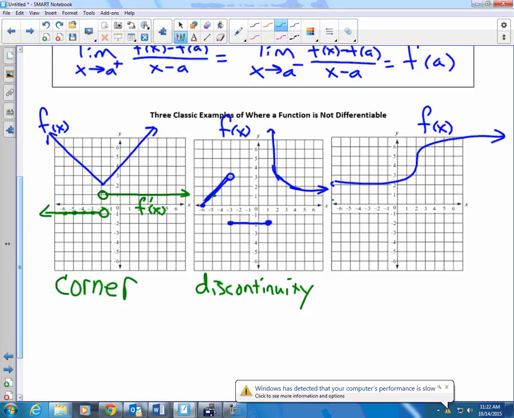Furthermore, it's not differentiable at an endpoint. Look at negative 6. The derivative from the right is, what's the slope this way? Positive 1. What's the slope this way? There's nothing, correct? So therefore, you cannot have a derivative at an endpoint. It's differentiable from the right, but not from the left.